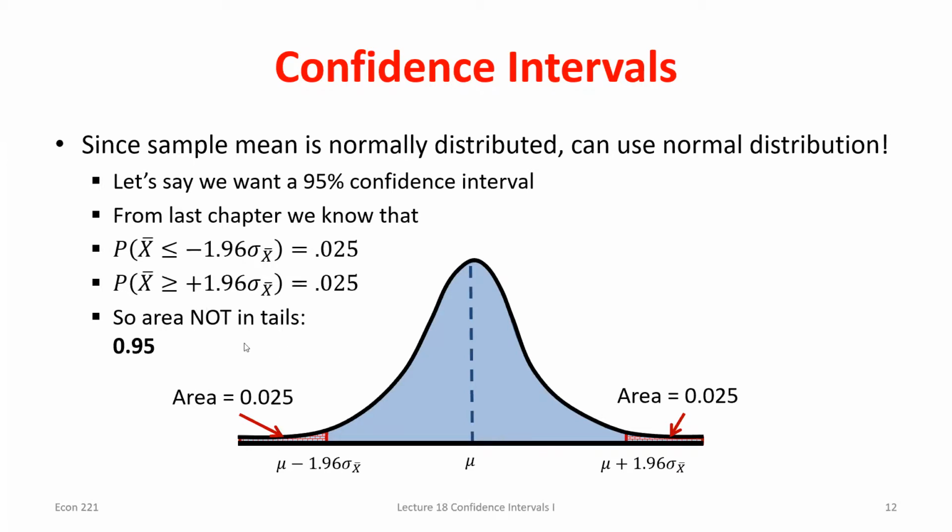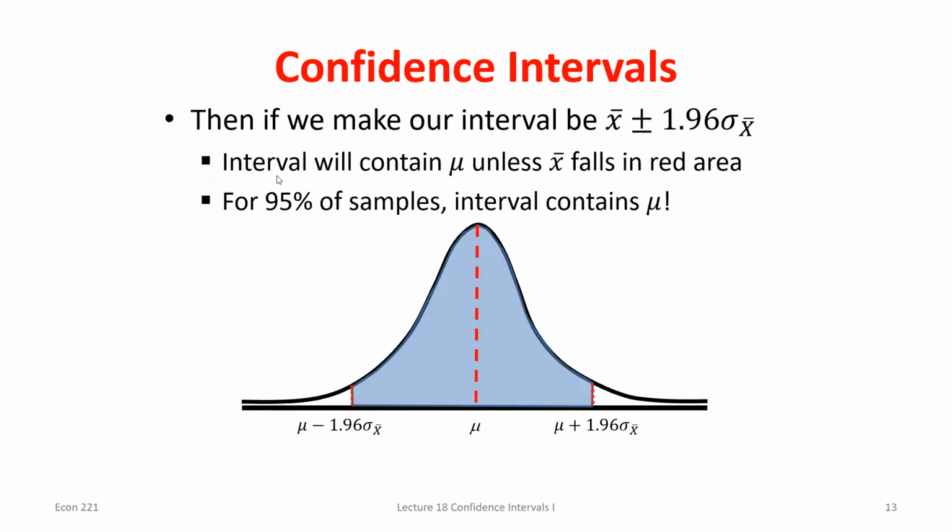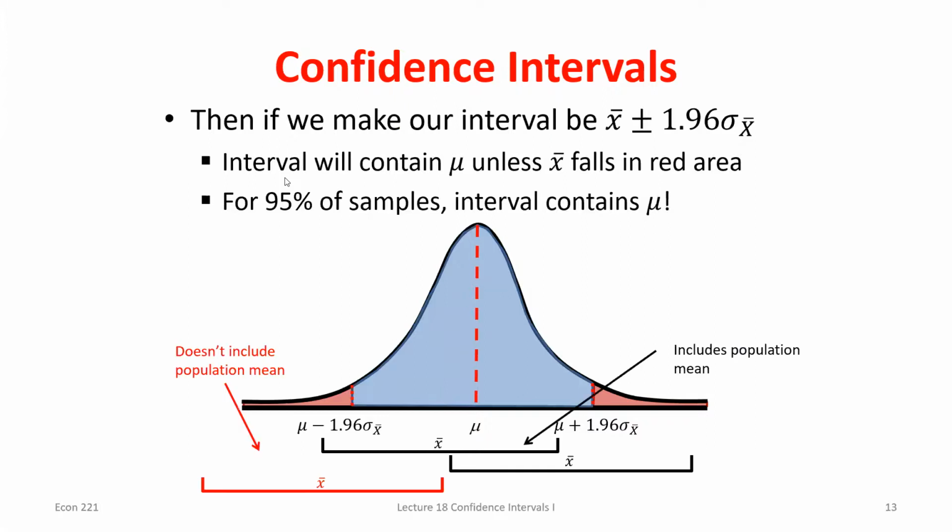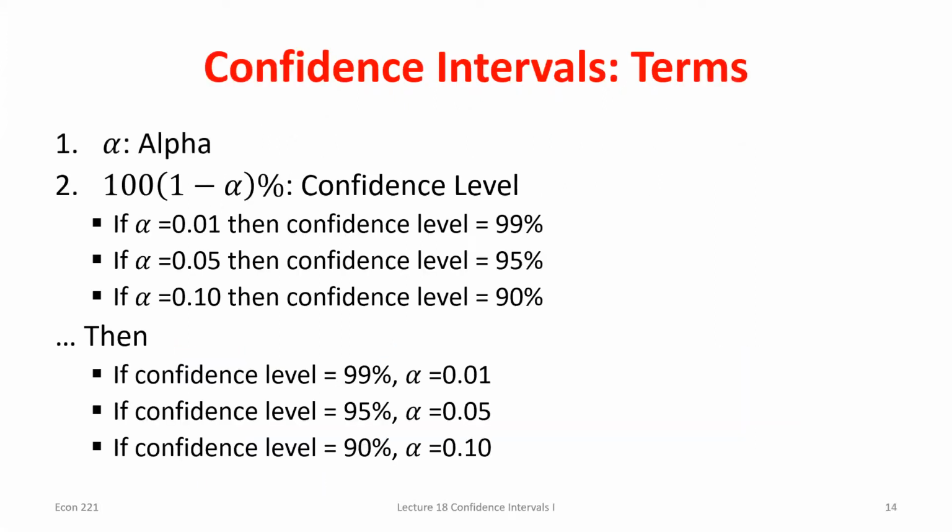So alpha is that total area in our tails. And you can work the other way too, right? If I know alpha is 0.01, that means the area outside the interval is 0.01. That means the area inside the interval is 0.99, but as a percentage, 0.99 would be 99%. So we can work in either direction.